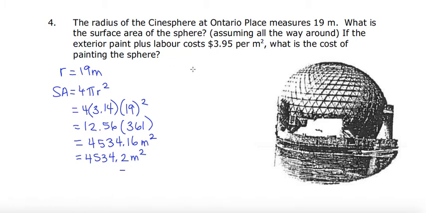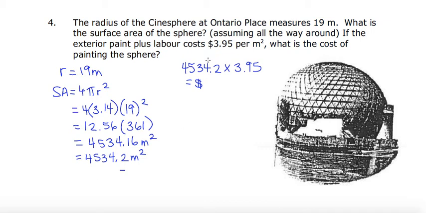So I'm going to take that and I'm going to multiply it by my $3.95. And this will tell us how much it's going to cost to paint the entire way around the sphere.